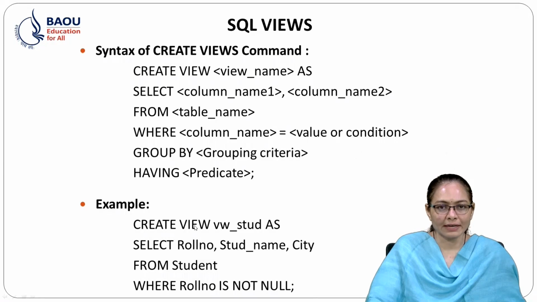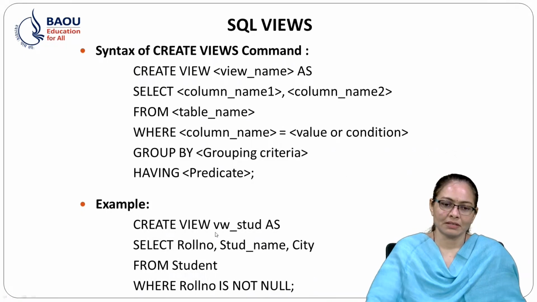This view contains only those rows whose roll number is not null. It is the same as a table, but this table contains these 3 columns, and only the rows with a not null roll number are included.